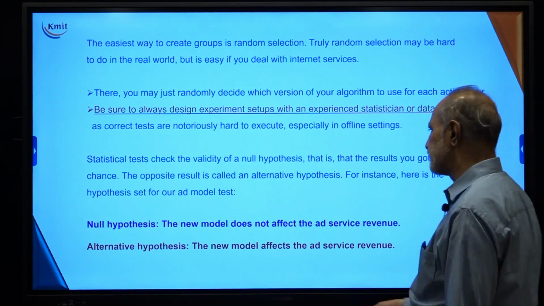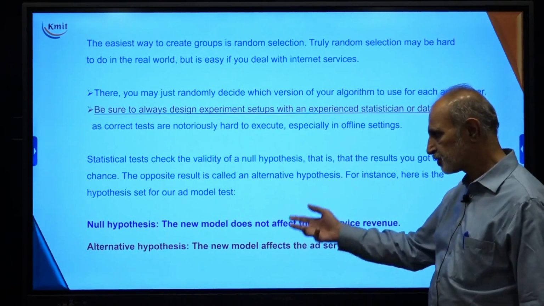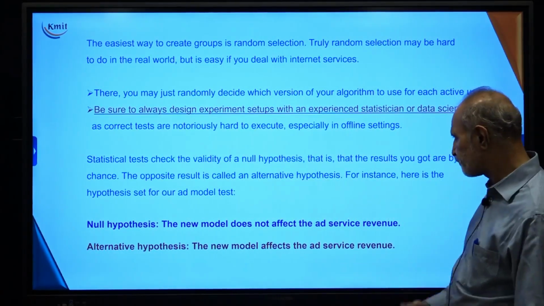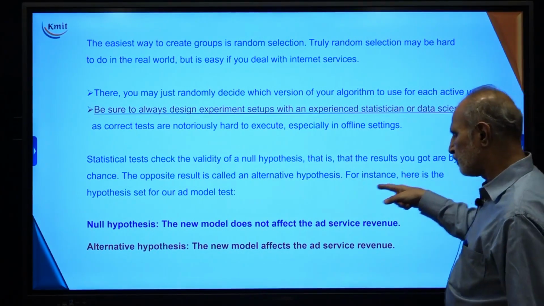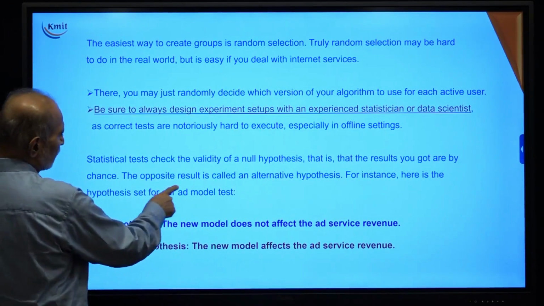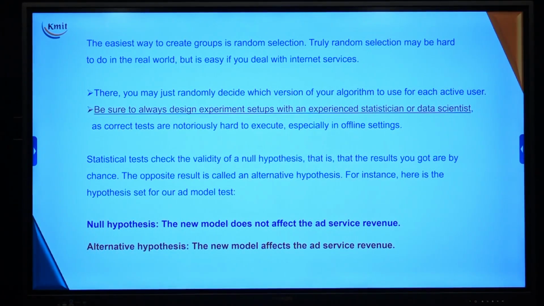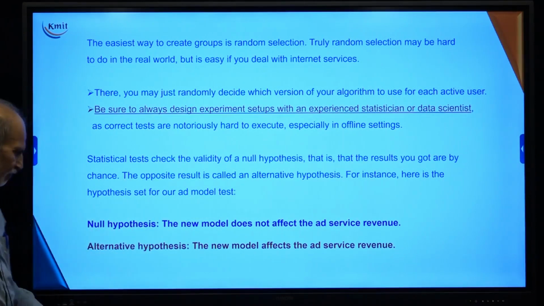Statistical tests check the validity of a null hypothesis. I hope all of us know the meaning of null hypothesis, but we also need to know the meaning of the alternate hypothesis. The null hypothesis says a test result was obtained by chance, not by the experiment. The opposite result is called the alternate hypothesis. So, for instance, here is the hypothesis for our ad model test.